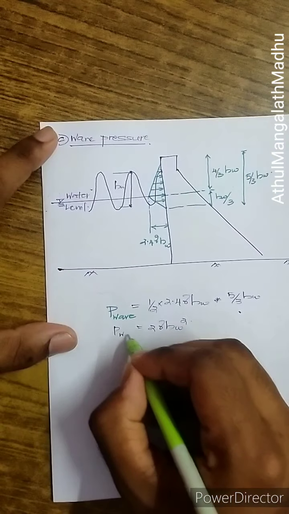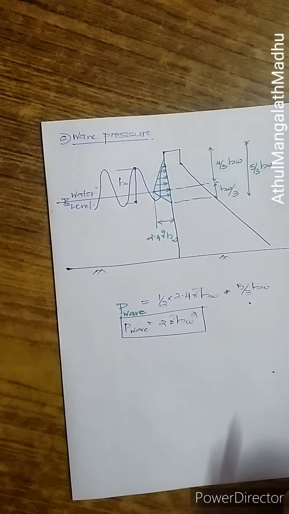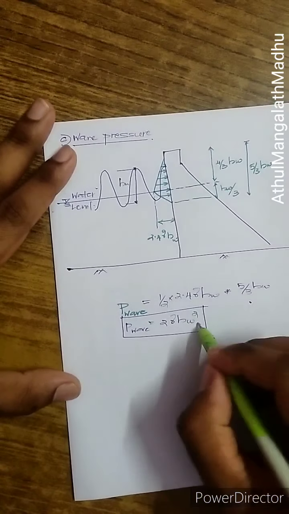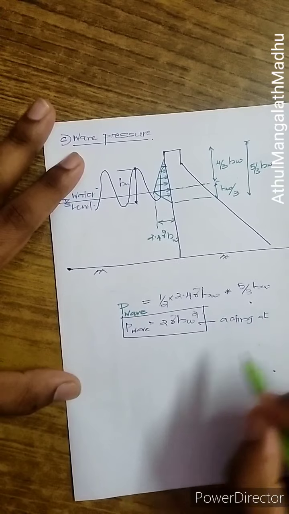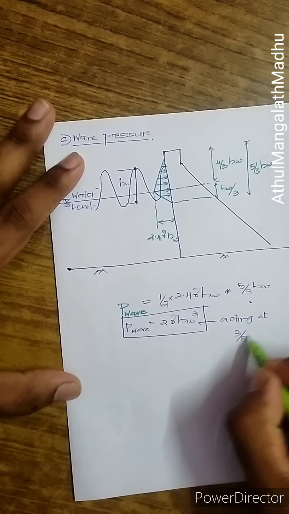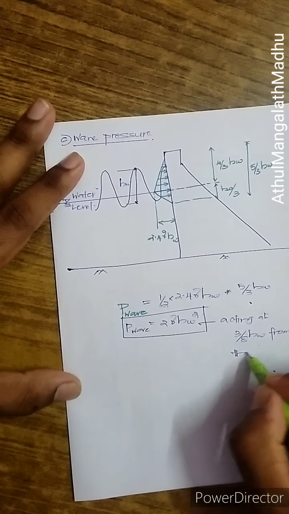So this is the wave pressure, P of wave. And after conducting different experiments, they have found that this is acting at a height of 3 by 8 HW from the water surface.